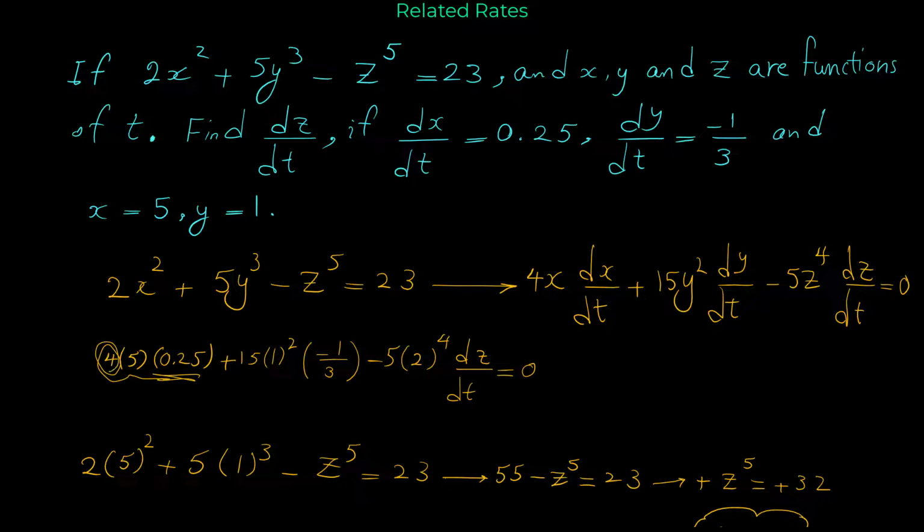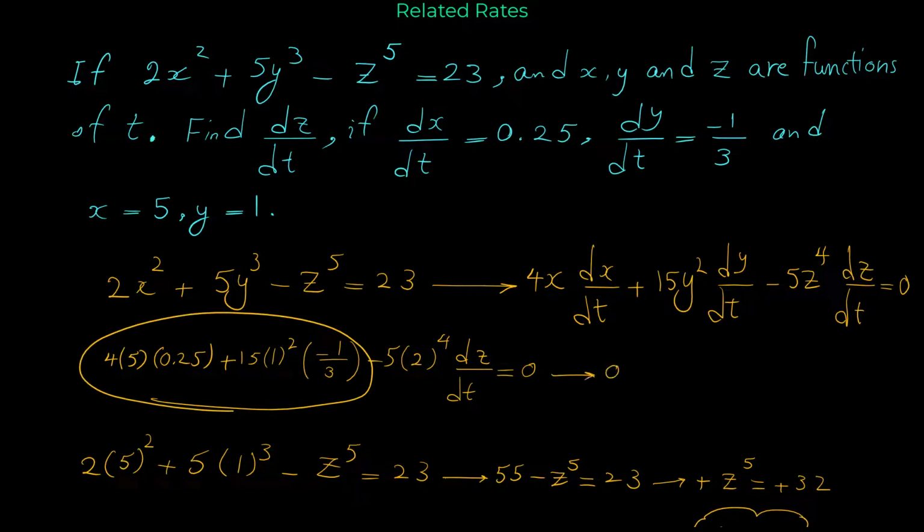0.25 times 4 is 1. 1 times 5 is 5. So all of this is 5. 15 times negative 1/3 is negative 5. So this is 5 and this is negative 5. 5 minus 5 is 0. So when we simplify all of this, it's equal to 0.